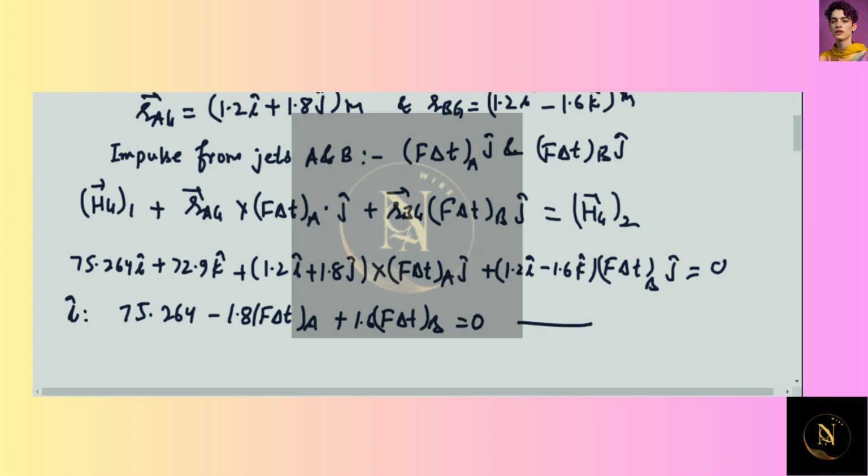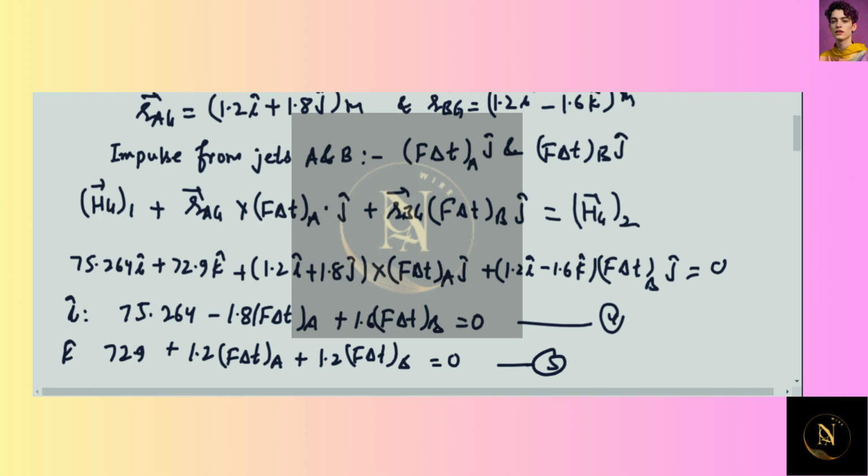Say this is equation number 4, and if you equate k cap you will find 72.9 plus 1.2 F delta T A plus 1.2 F delta T B equals 0.